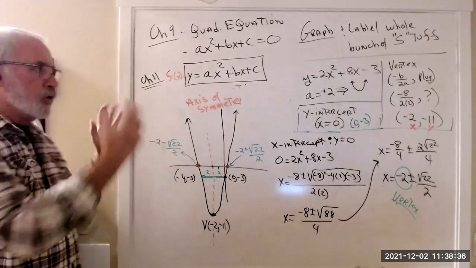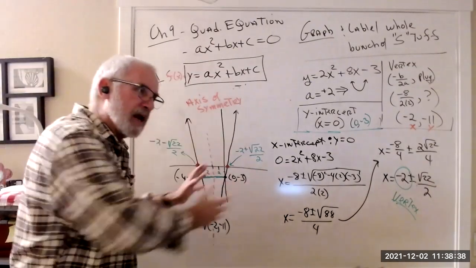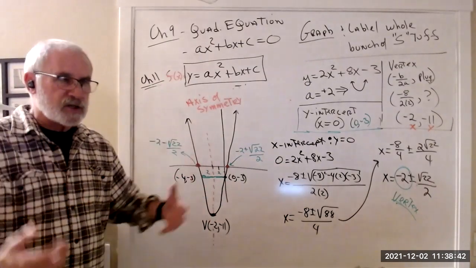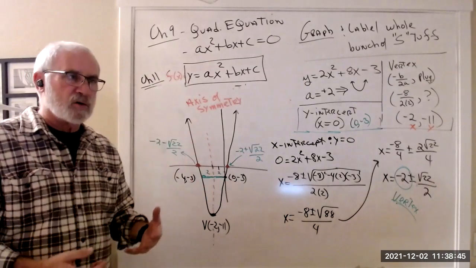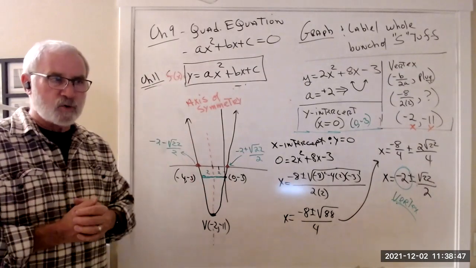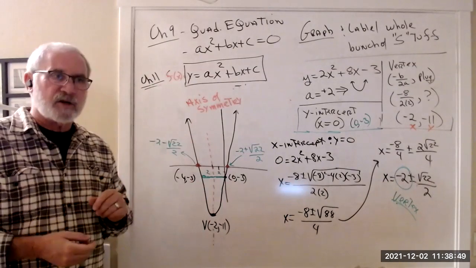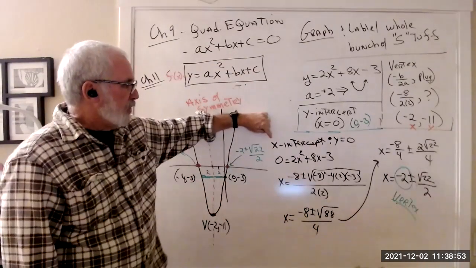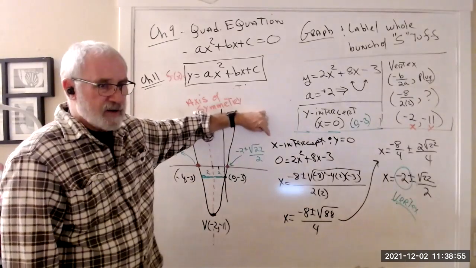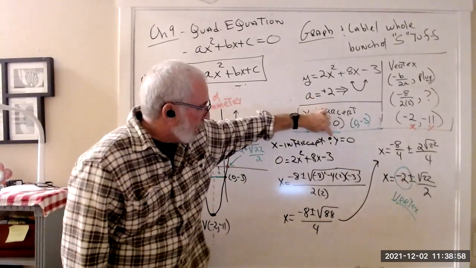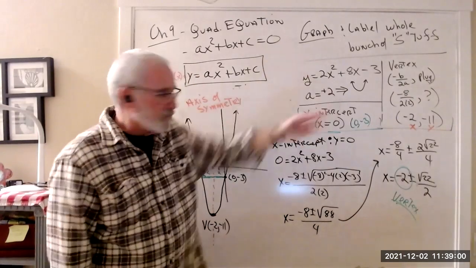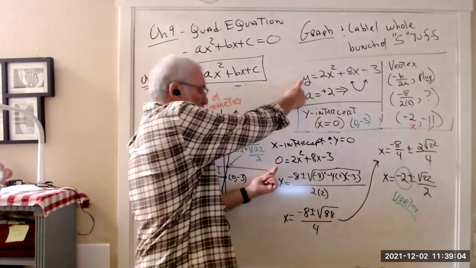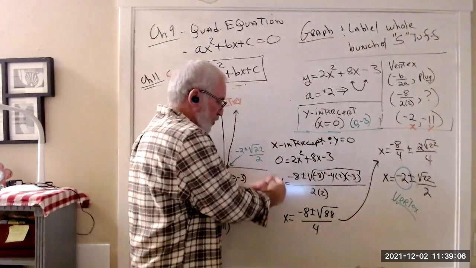But for us learning right now, I'm just dumping everything on you. I'm finding it all. But on the test question, I won't find it all. That's too much on an individual problem. I'll find little pieces of it. So what I did, I asked, can you find the x-intercepts? To find the x-intercepts, you set y equal to 0 and solve whatever problem comes out. So y equals 0, I solve that problem.